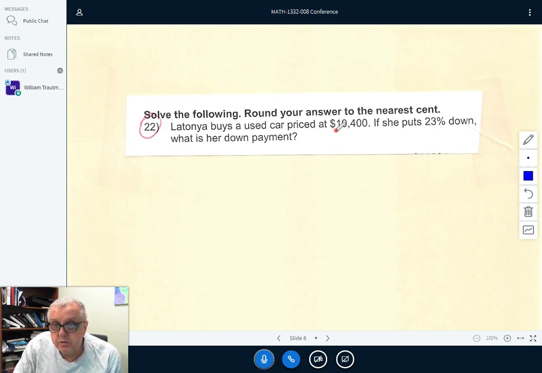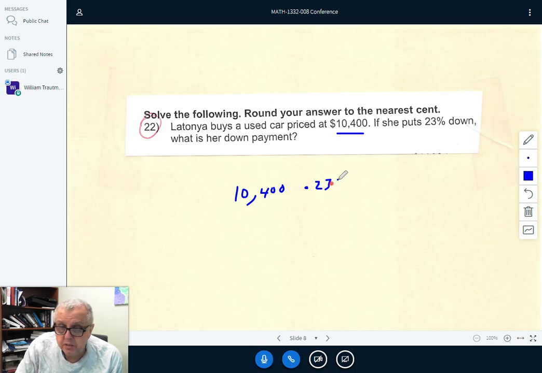Latoya buys a used car priced at $10,400. She puts 23% down. What is her down payment? So if there's 10,400 and 23% down, that means you just multiply this by 23%. And that's going to tell you how much you put down.